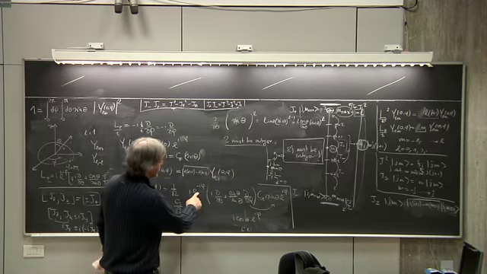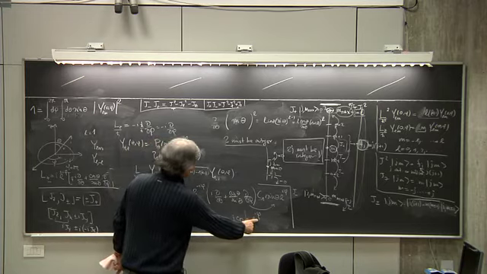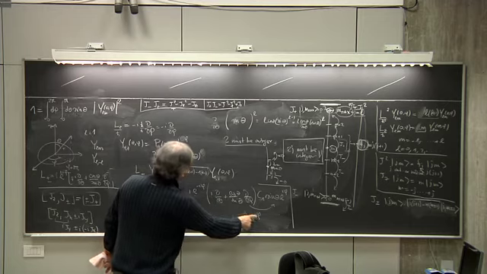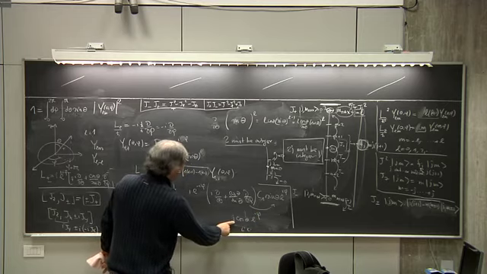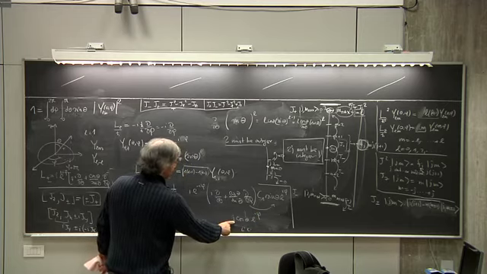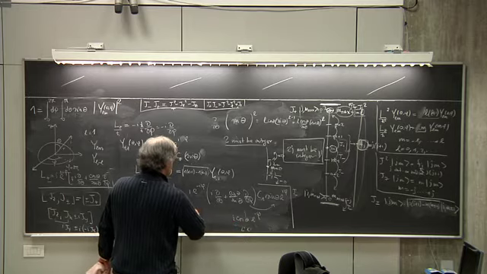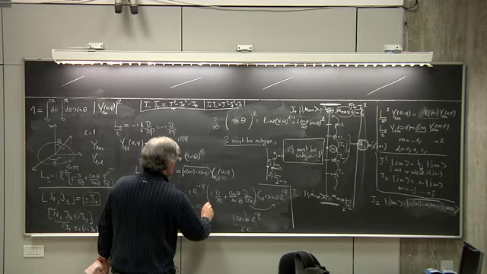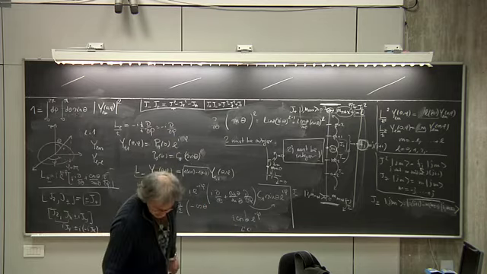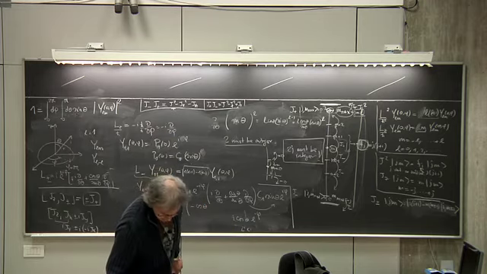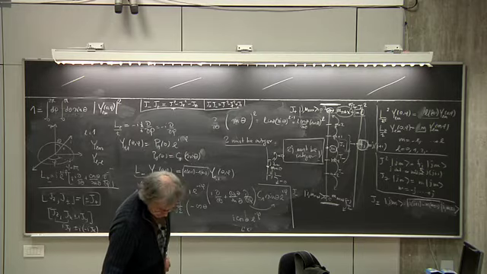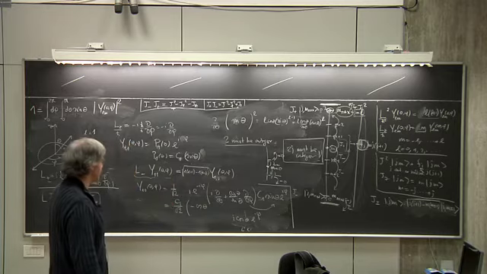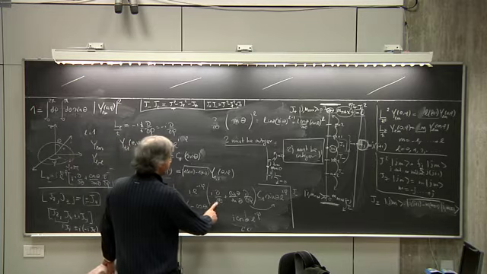When I multiply by e^(-iφ), this goes, and the i and i gives me a minus 1. So if I have done things correctly, this will give me a minus cos of theta. Let me check. Yes, it looks right.